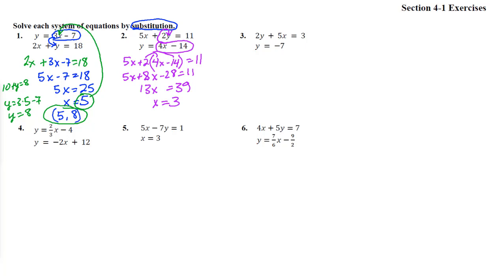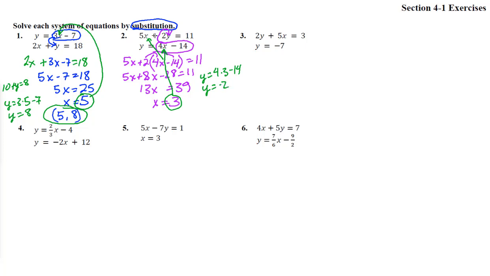And notice that's just one of the coordinates. We need the other one, we need y. So if we take this 3 and we stick it right up there, or you could stick it there, either equation should give you the same thing. y equals 4 times 3 minus 14. That's 12 minus 14 is a negative 2.